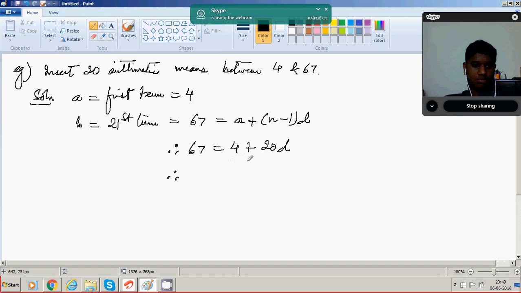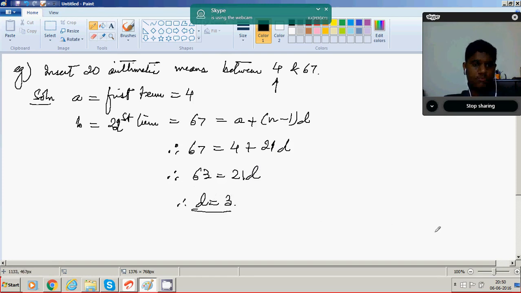Not 20, it will be 22, right? Yes, sir. First term will be 4 plus 20 arithmetic means in between 4 and 67, so it will be the 22nd term, 21d. So 63 equal to 21d, therefore d equal to 3.